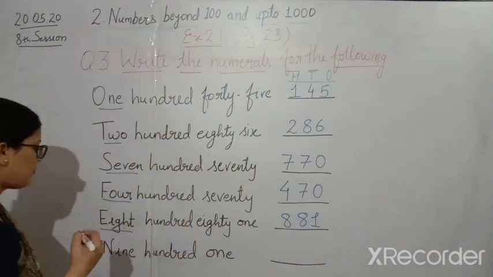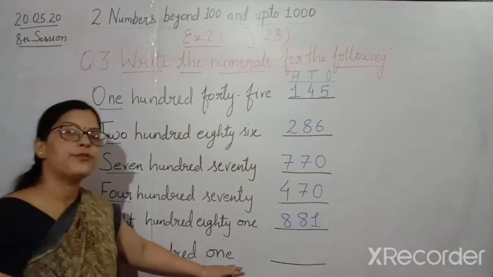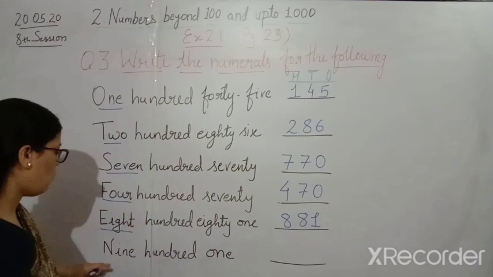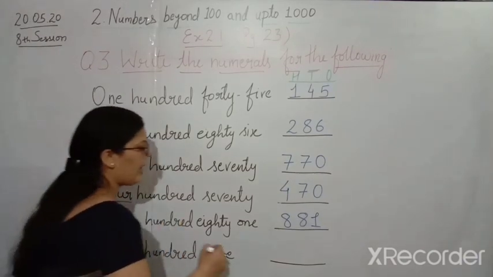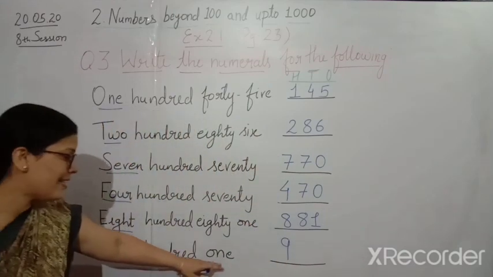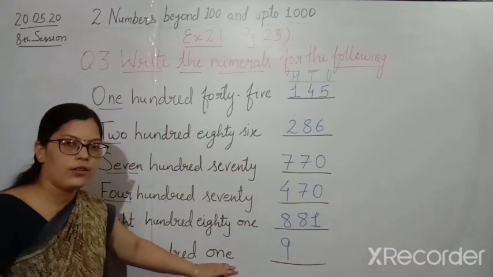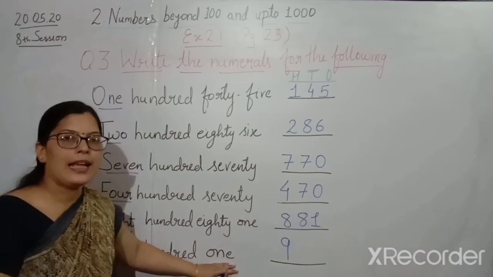Now last here is 901. What is given with 100? It is 9. So we'll write 9 at the hundreds place. But what is given here for tens and ones? Only 1 is written. Nothing is given for the tens place.